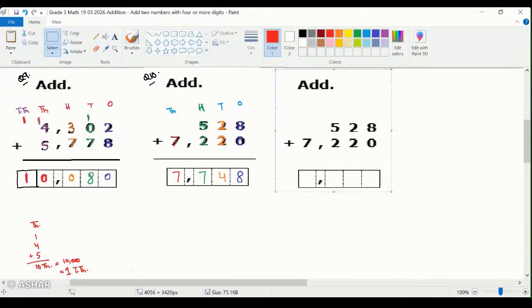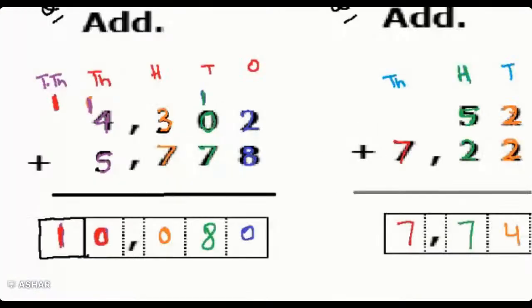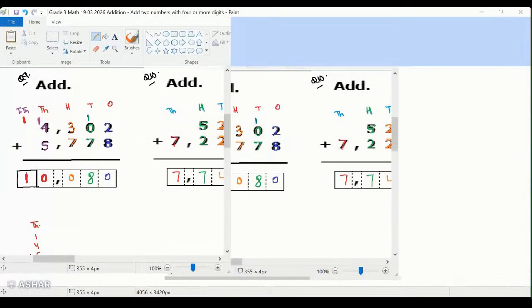Let's change some numbers in the question. So if I change the numbers and we need to add these two values together, can we say, sorry, just a moment, please.